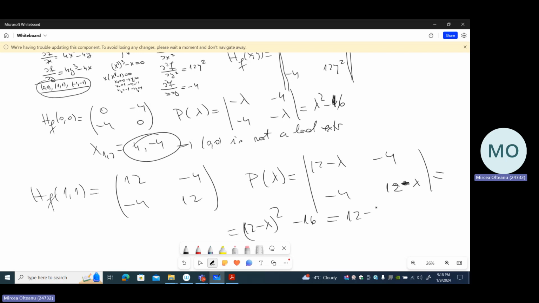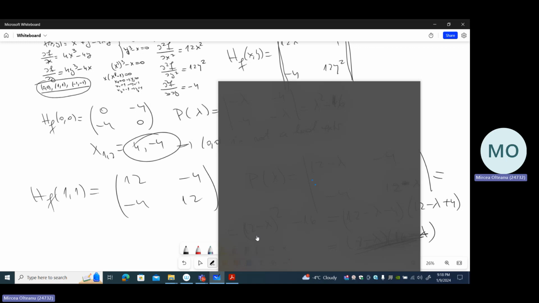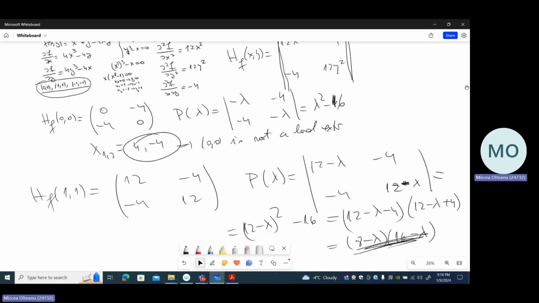That means (12 minus lambda minus 4) times (12 minus lambda plus 4), which means (8 minus lambda) times (16 minus lambda). So both these eigenvalues are positive, so that means (1, 1) is a local minimum. Similarly for (minus 1, minus 1).